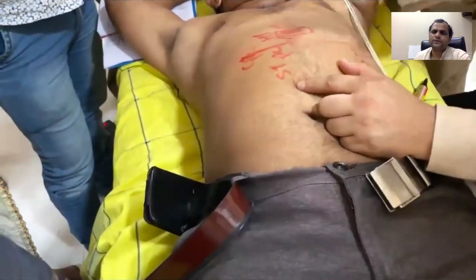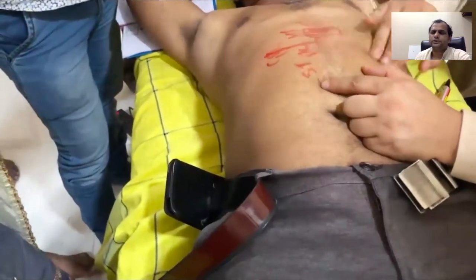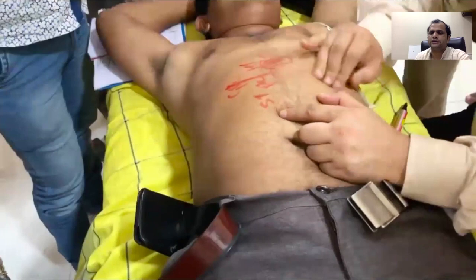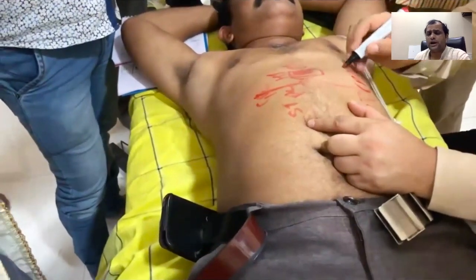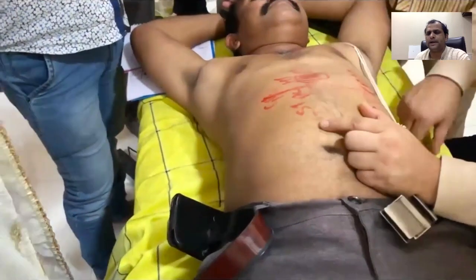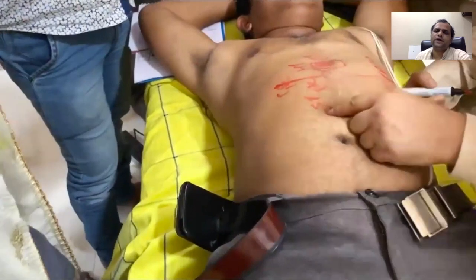If the left side is painful, that is spleen. The left side, the lower part of the rib, is the condition of the spleen. When we press the lower border, the spleen can also be considered as the pancreas. And this point is connected with the stomach.